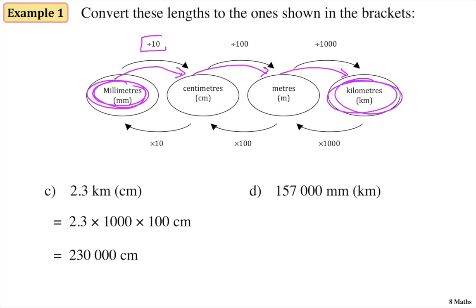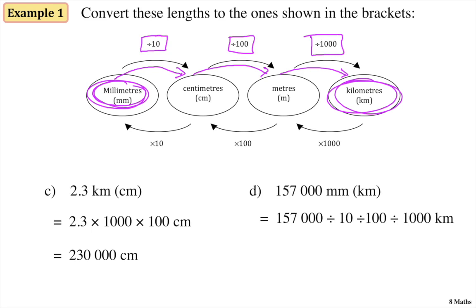So the first thing I'm going to do is divide by 10. Then I'm going to divide by 100. Then I'm going to divide by 1,000. So if I do that, it's 157 divided by 10, divided by 100, divided by 1,000. Put that into the calculator and I get 0.157 kilometres.